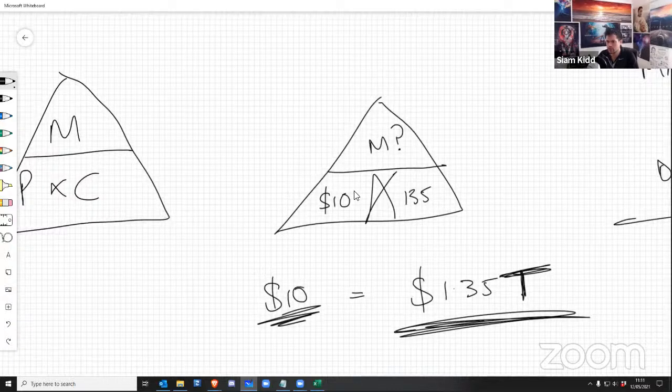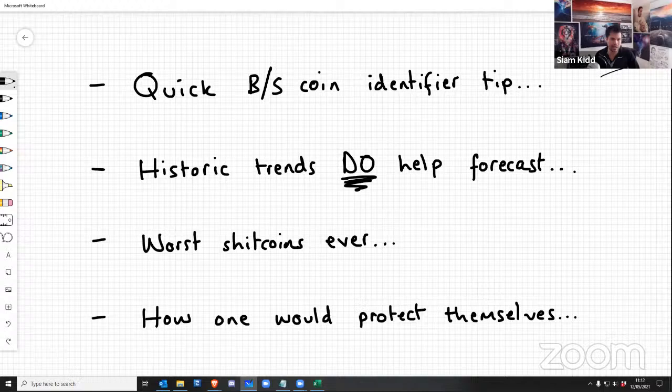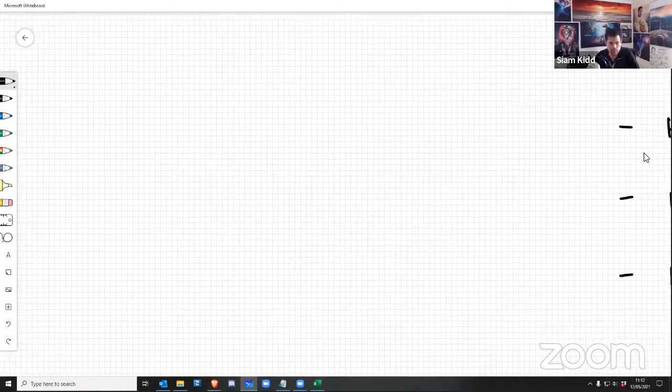Now, historic trends do help forecast future trends sometimes, and there is a big caveat here. The caveat is sometimes. And when I say sometimes, I mean especially when it comes to governments. We have thousands of years of very accurate historic data of what governments and politicians do.